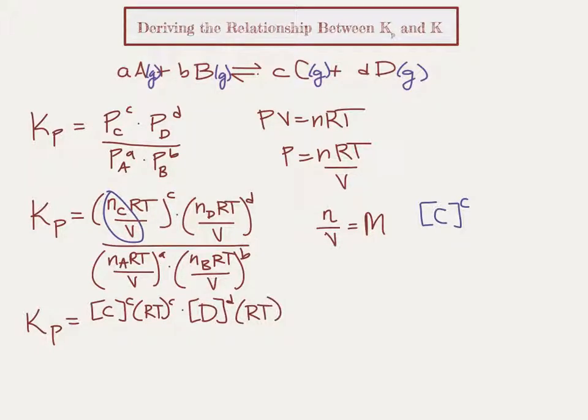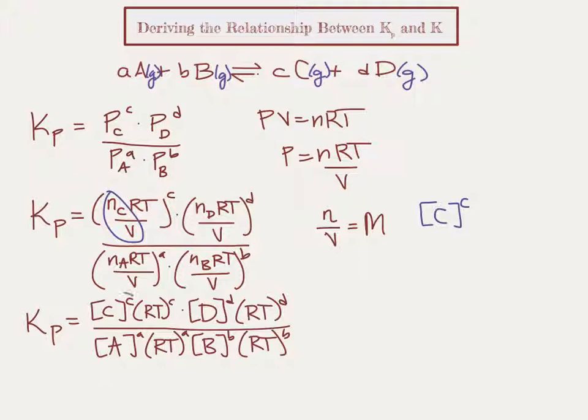Well, I'm writing a lot of RTs. I'm going to have to collect those later. [A] to the little a, times RT, and [B] to the little b, times RT to the little b. Okay, now I'm starting to see a pattern.